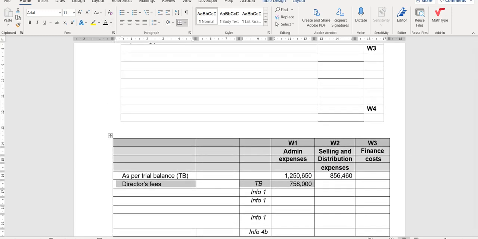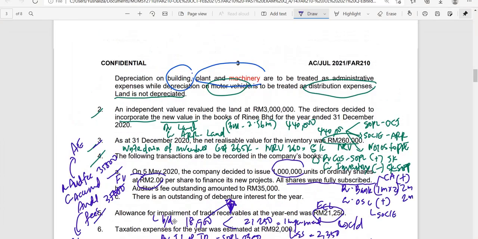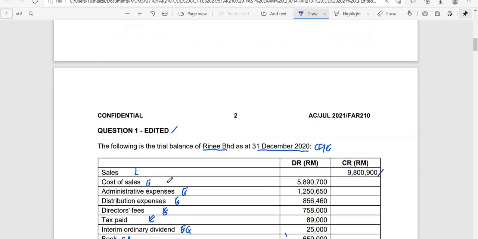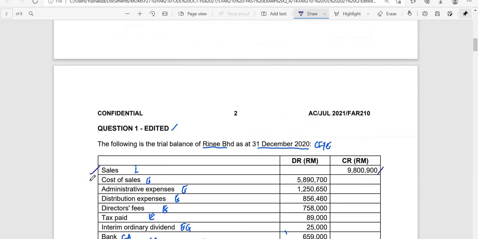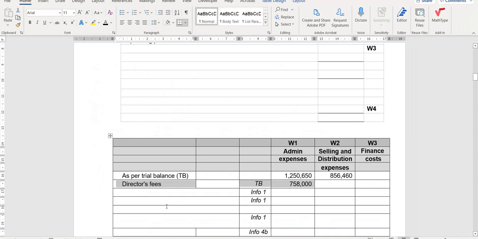The second one is to include the director's fee. So if you check your item in the trial balance, you have taken this, this, this and this, and now this is the next one, director's fee. So there is no adjustment for directors, we just include that. And then there's another one which is relating to depreciation.